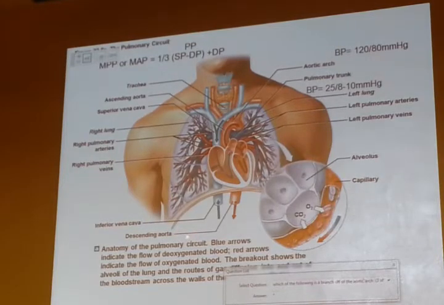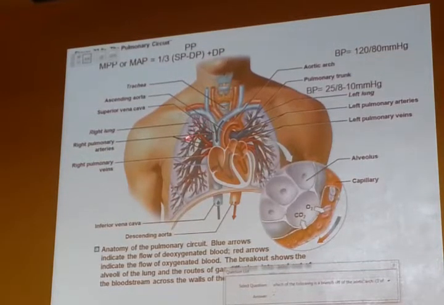So in the pulmonary circuit, your right heart has a very short distance to pump the blood, and then immediately the blood vessels will start to branch and follow the airways out to where gas exchange is going to occur. Gas exchange occurs in what are called alveoli, which are little grape-like structures, really tiny grapes, but they're full of air that's been inhaled.